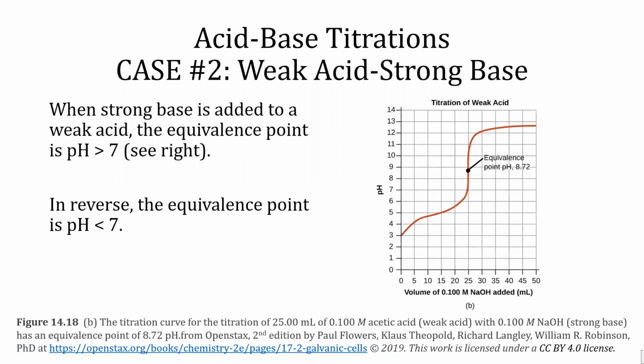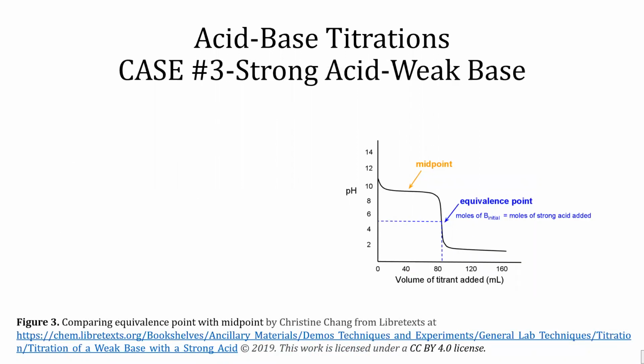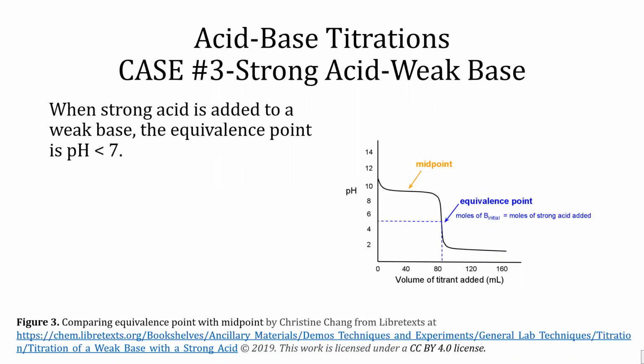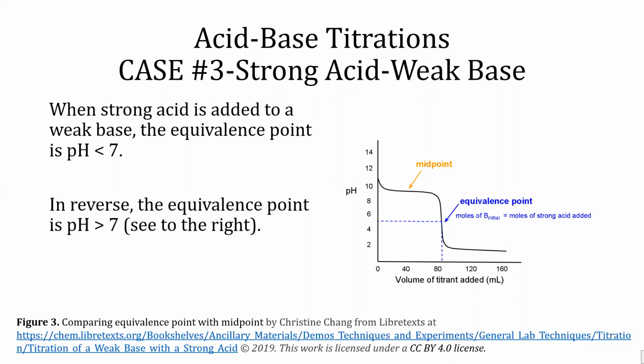In reverse, the equivalence point is pH less than 7. In a strong acid, weak base titration, when strong acid is added to a weak base, the equivalence point is pH less than 7. In reverse, the equivalence point is pH greater than 7.